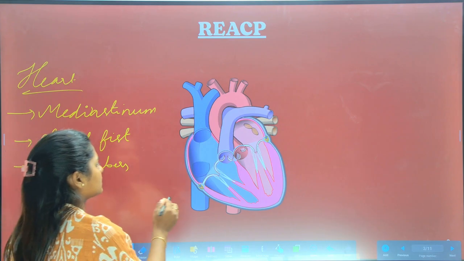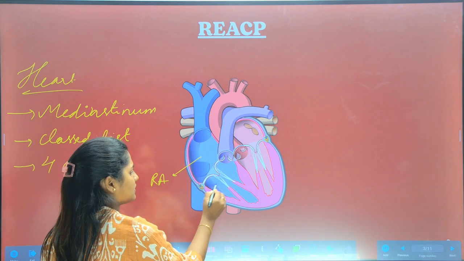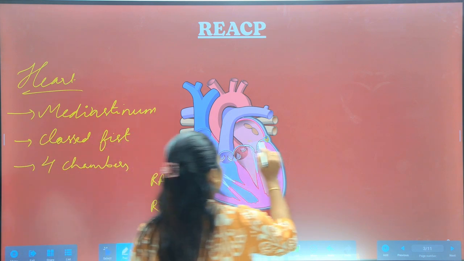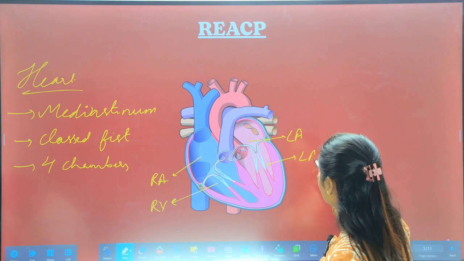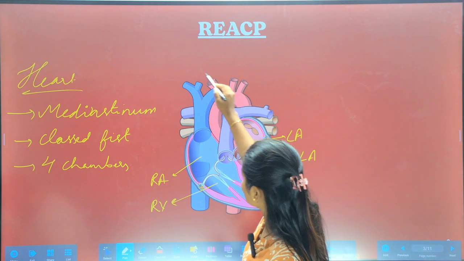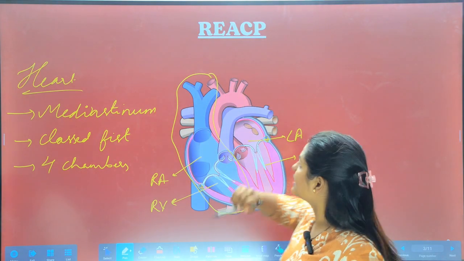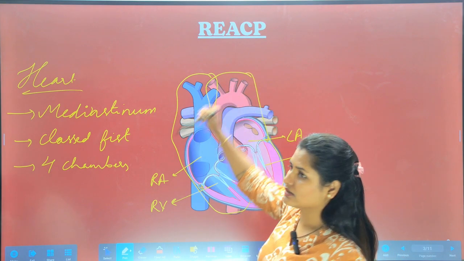Those are right atrium, right ventricle, left atrium, and left ventricle. So this whole blue color is deoxygenated blood, and this whole red color indicates oxygenated blood.